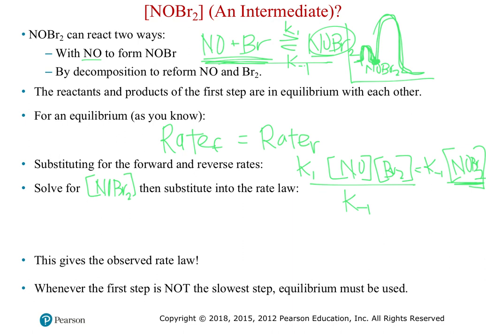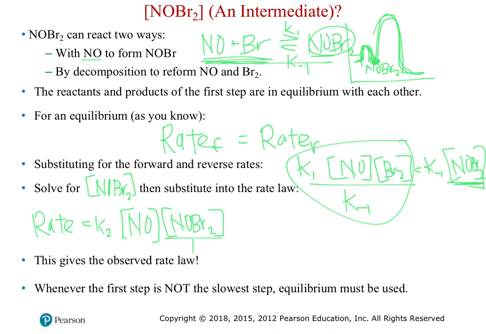So before we had rate equals K2 times NO and NOBr2. Now we're going to plug all of this into our intermediate spot.